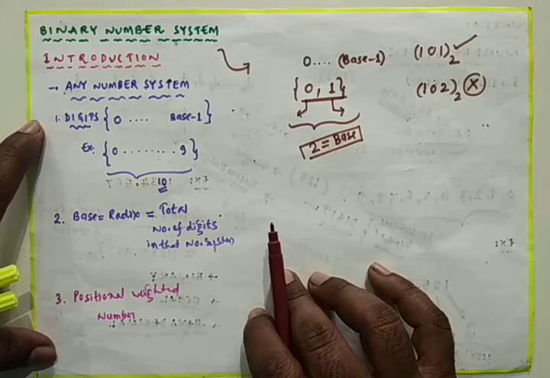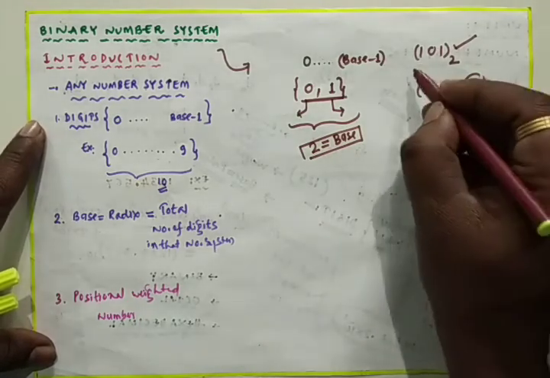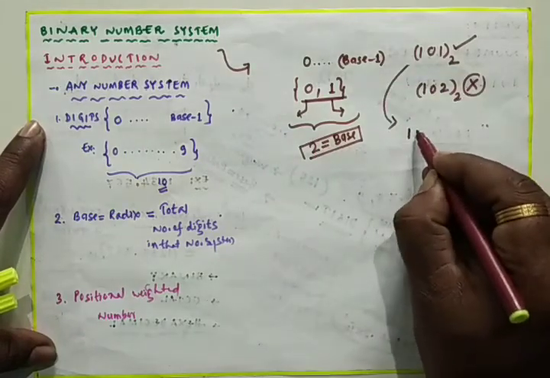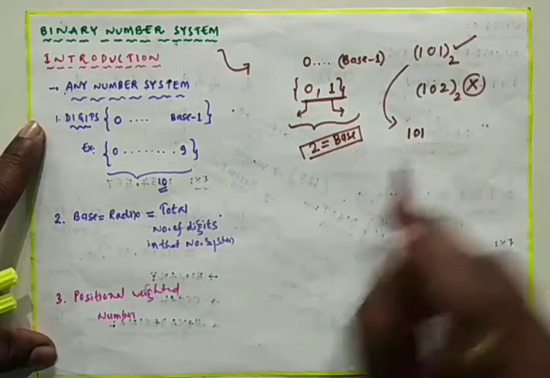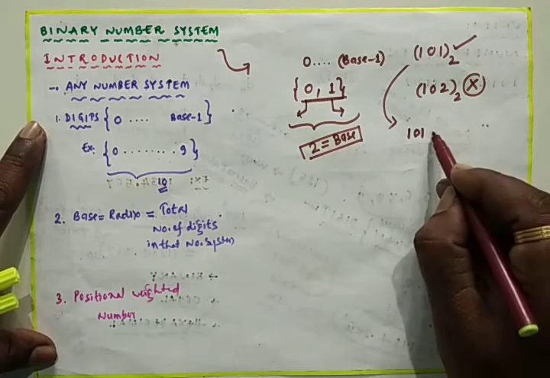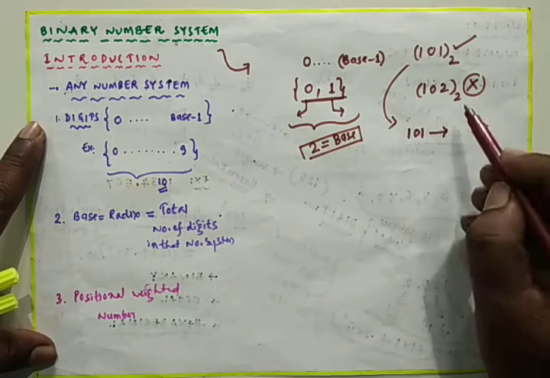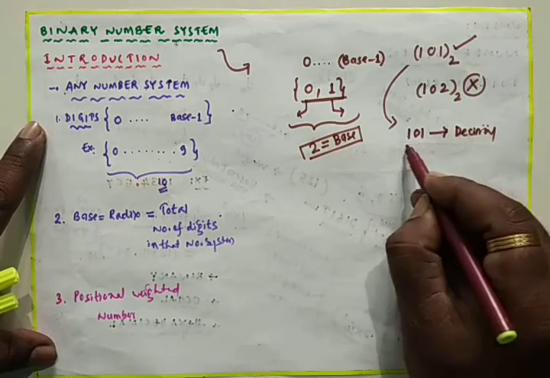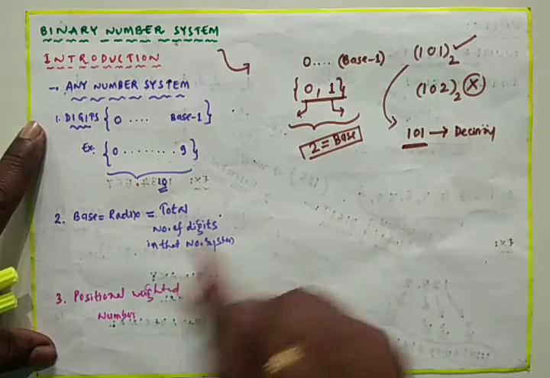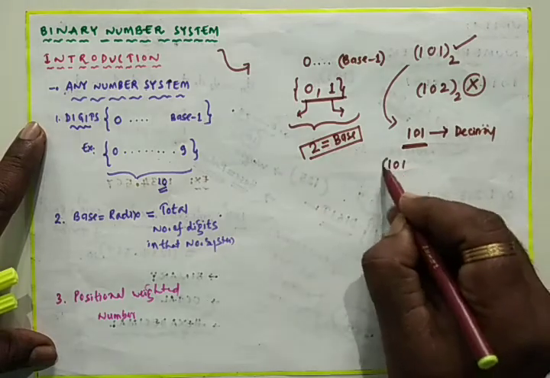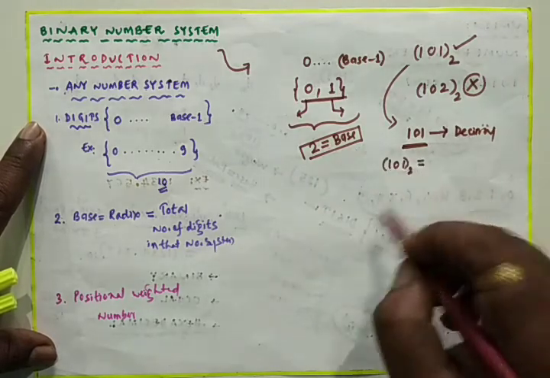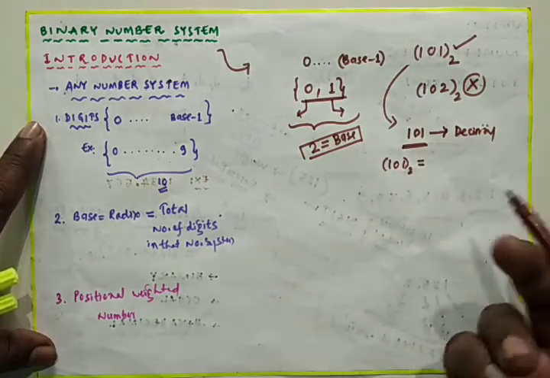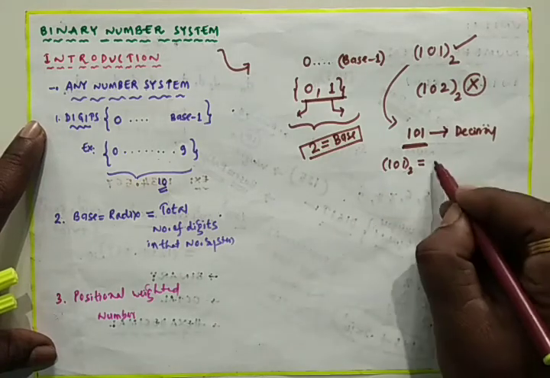Bi means 2. For example, in the same example, if I write 101 without mentioning any base, we can call it a decimal number system. It is 101 in decimal. If it is written as 101 base 2, it is not 101 in decimal, it is a binary number.